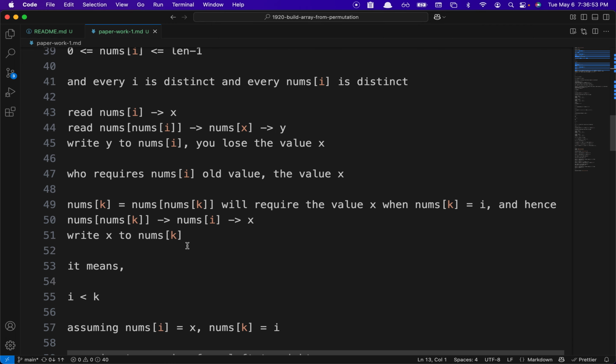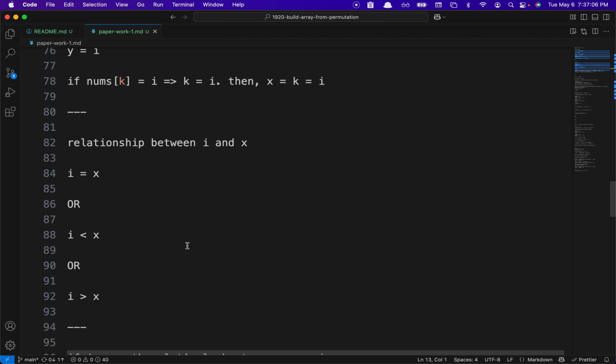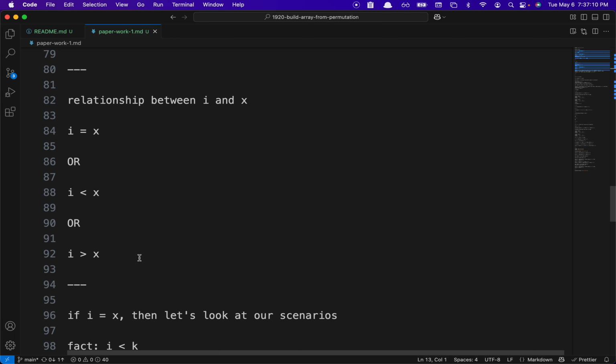Let's see if we can actually find a better way to put this. These are the only possibilities that I can think of.